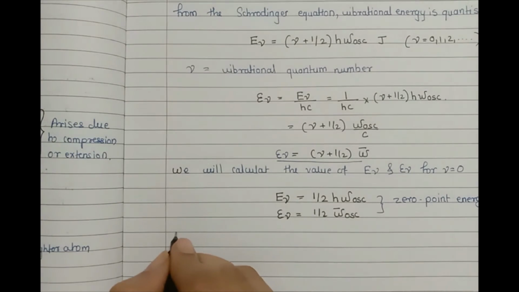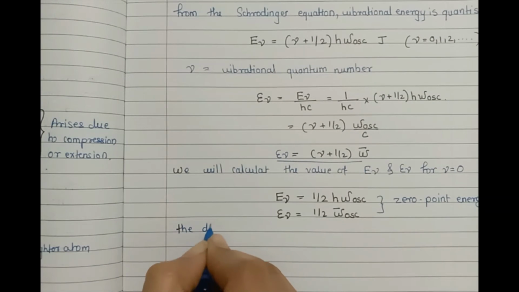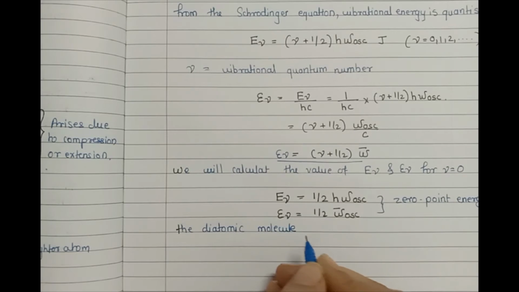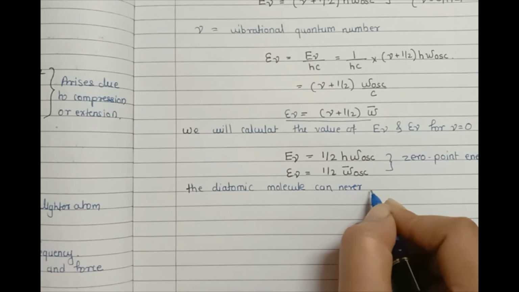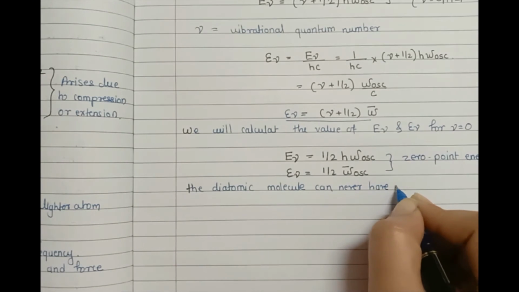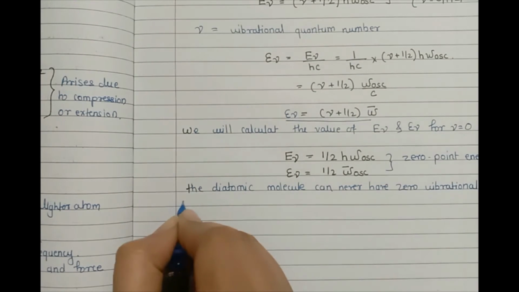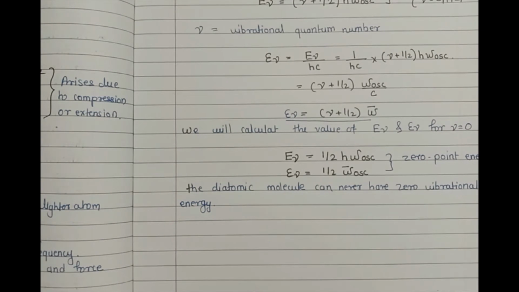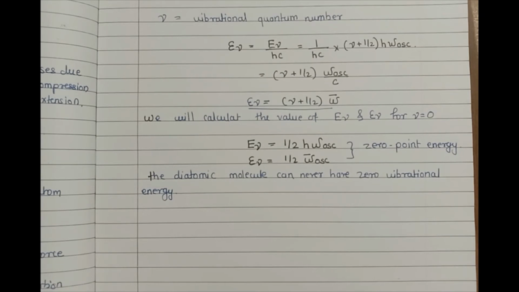This implies that the diatomic molecule can never have zero vibrational energy. Why? Because we assume that the atom itself has some vibration. It is not a stable atom. It always has some little vibrations.